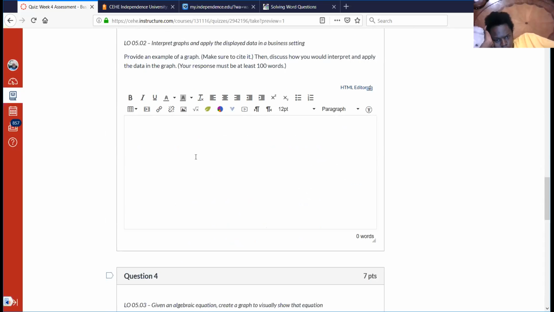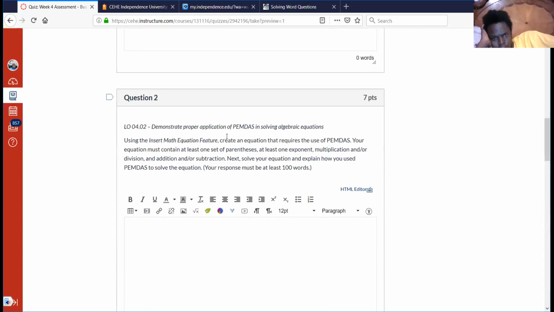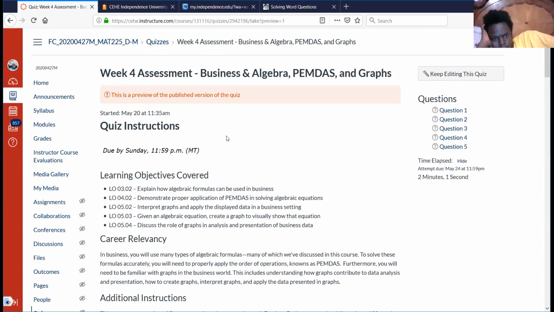So inserting graphs and so forth. Here's how: you find an example of a graph online, copy it, put it into your response here, and then interpret it. Discuss how you want to interpret it. Okay. So it'll be 7 of those questions that require some writing. So you need to go ahead and get started on that as well.